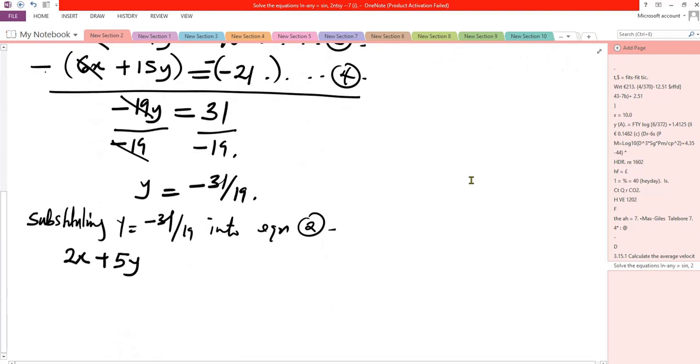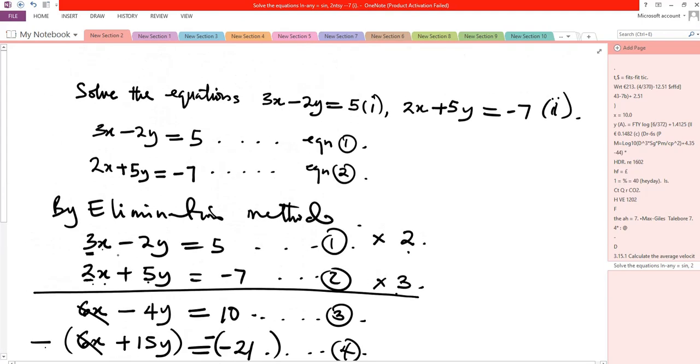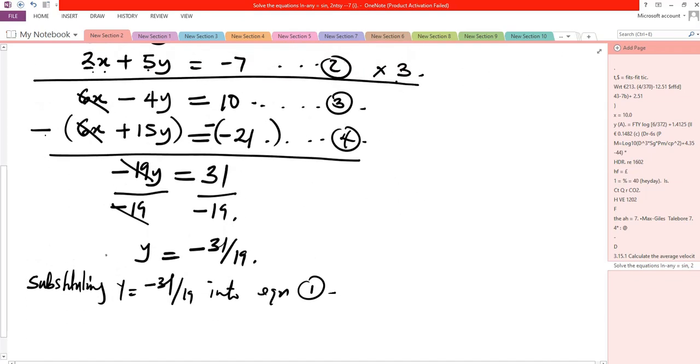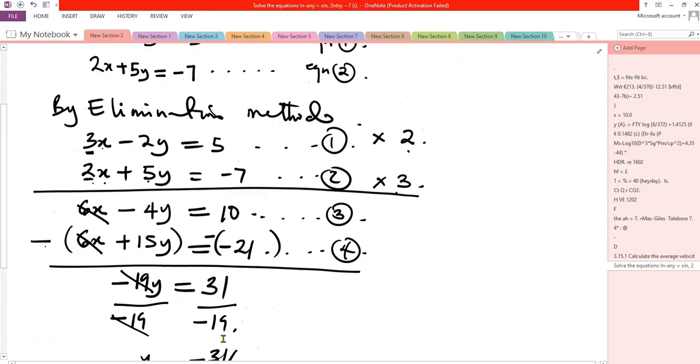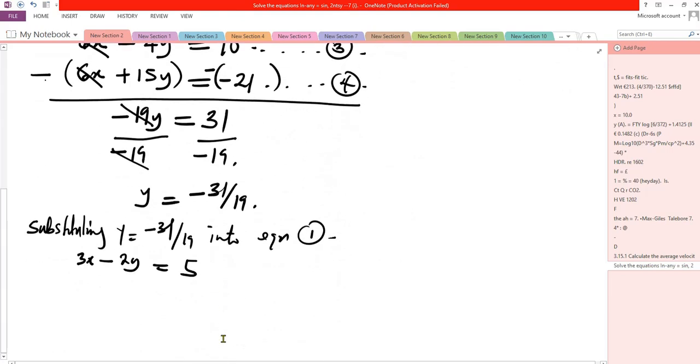Sorry, let me use the one that has the smaller coefficient for y. So equation 1, which is 3x minus 2y is equal to 5. Let me see if I copied it well, correct.